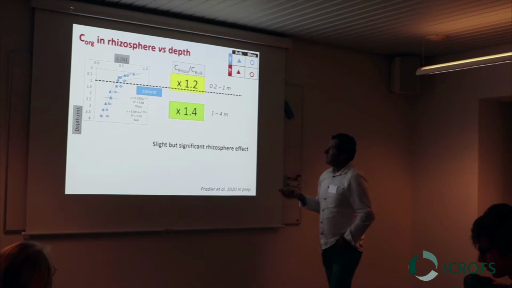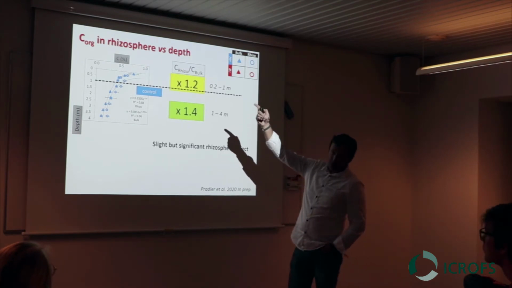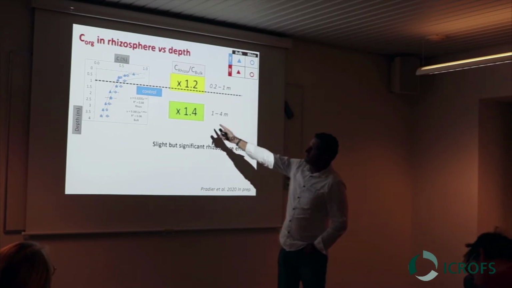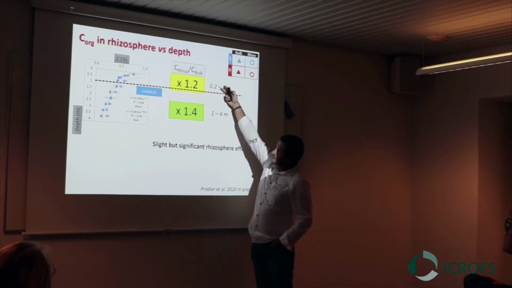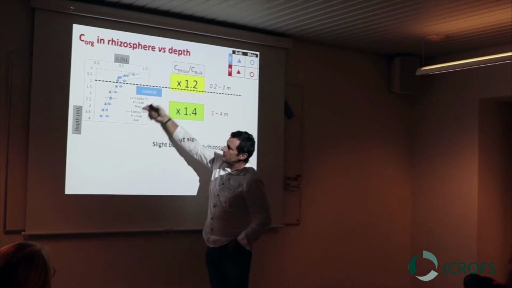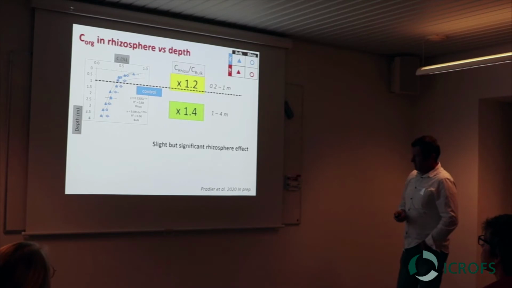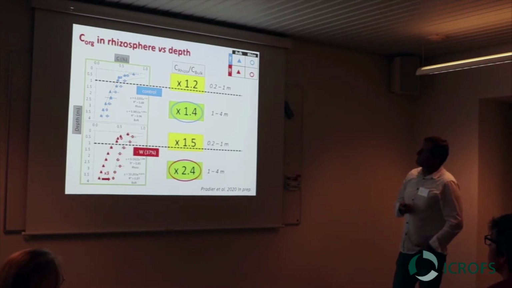When we look at the organic carbon content in the rhizosphere, we see a slight increase with depth when we compare the topsoil to the layer from 1 meter to 4 meters deep. So we have a significant rhizosphere effect for the organic carbon concentration in the rhizosphere.